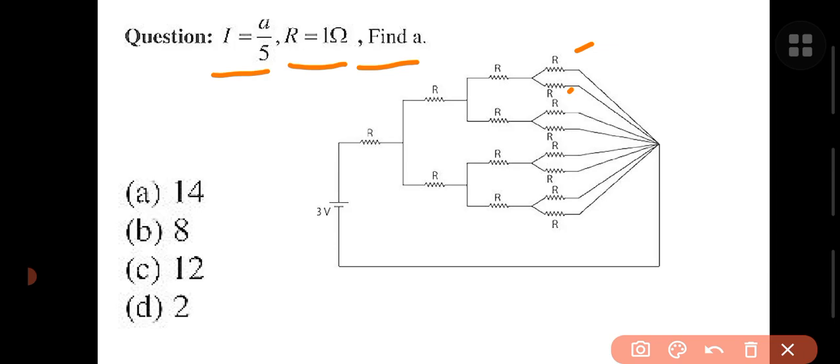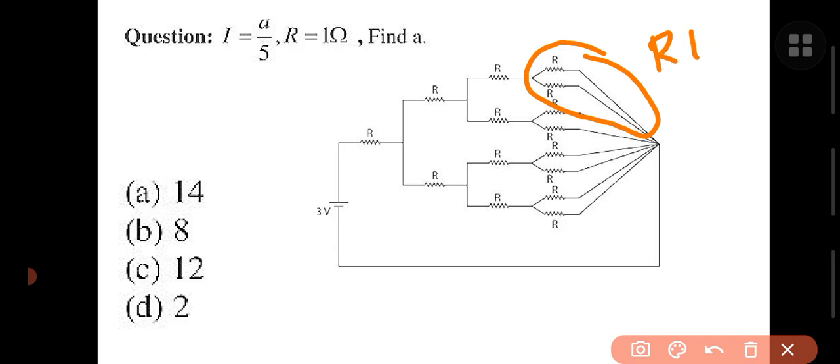Now, take the topmost parallel resistors. R is parallel with R, and simplify. When R is parallel with R, we get the equivalent resistance R by 2, because both values are same.